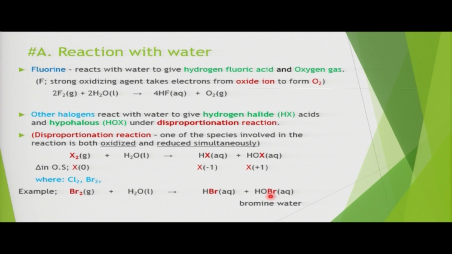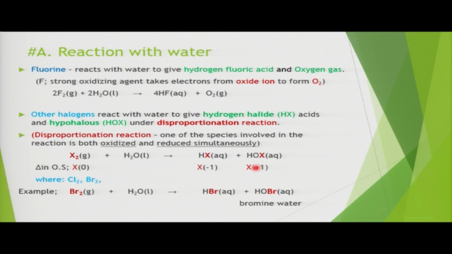We shall see the use of bromine water, but the focus now is on disproportionation reaction. As a molecule, bromine has an oxidation state of 0, meaning the atoms involved in this molecule have the same electronegativities, so electrons are equally shared. When it forms hydrogen bromide, the bromine has higher electronegativity than hydrogen, so it gains an electron from hydrogen, and so it has an oxidation state of -1 after gaining an electron.